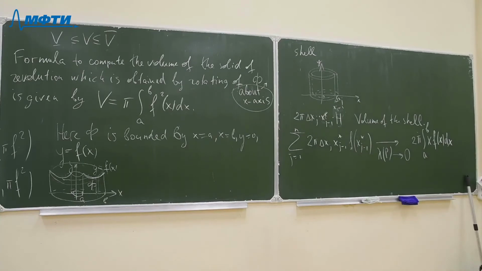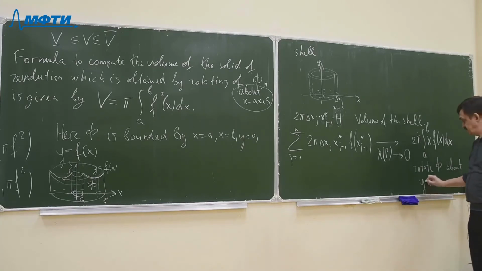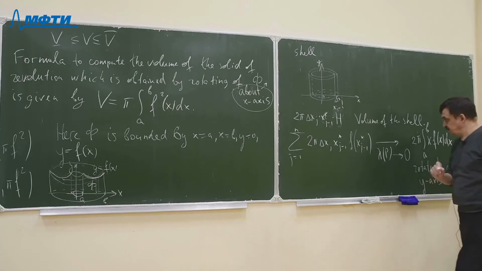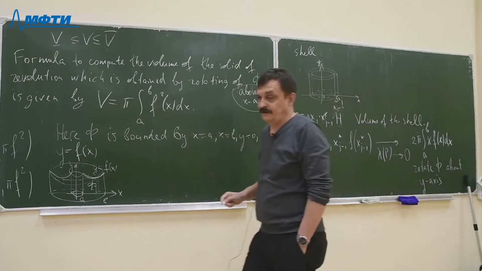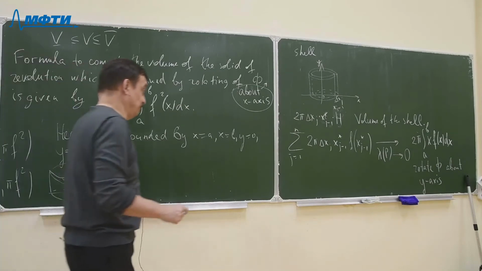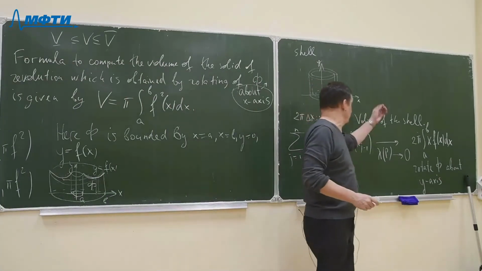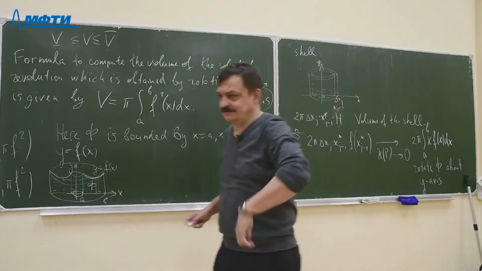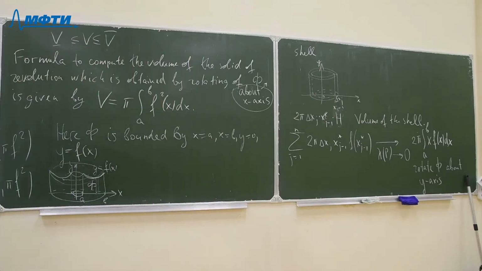And if we rotate about the y-axis, that is rotating phi about the y-axis. Of course, I'm not sure if you considered volumes of shells in high school. That's another story.